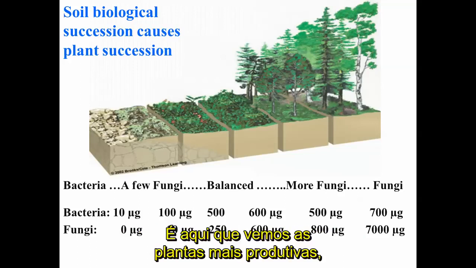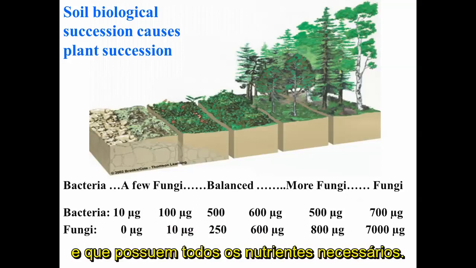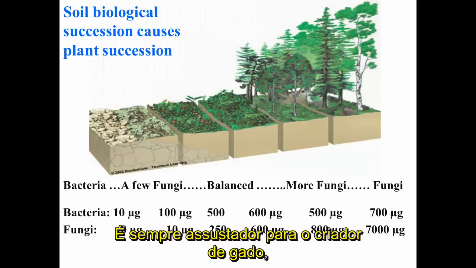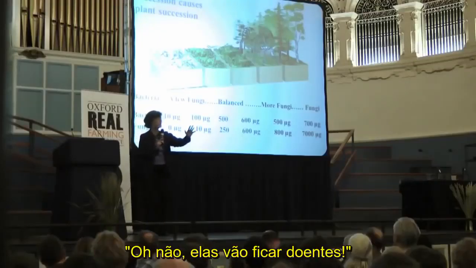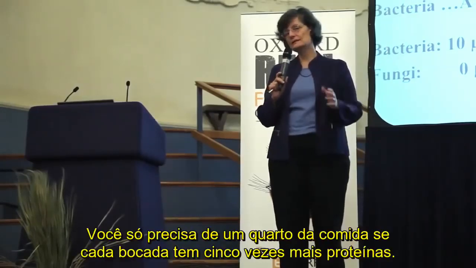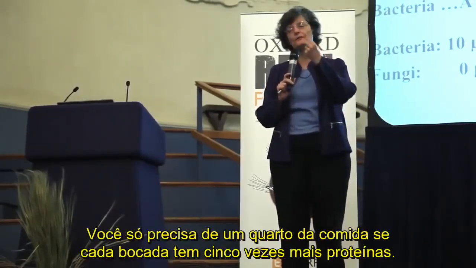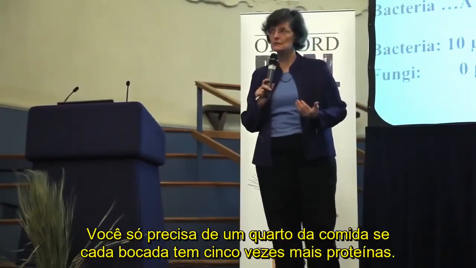This is where those plants that are most productive, that maintain the health of your animals, that have all the nutrients for your animals, and what you discover is always scary for pasture people. When they come out and they look and they go, the cows have only eaten a quarter of the food they ought to be eating. Oh no, they're going to be unhealthy and they're going to be sick. No, no, no. It only takes a quarter of the food when every mouthful that you're taking has 5 times more protein in it.